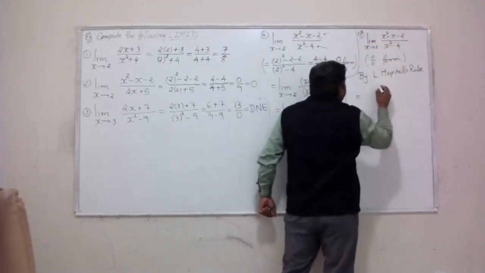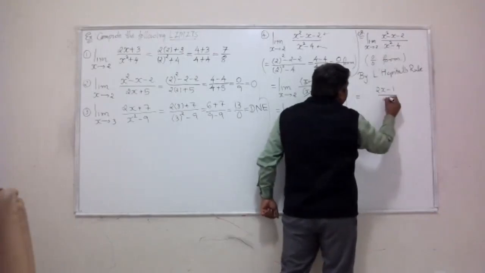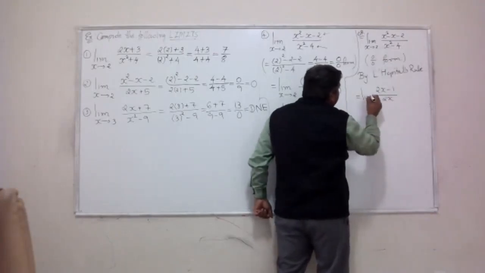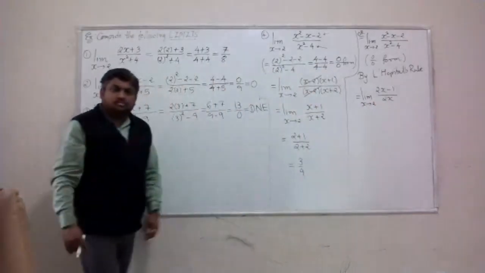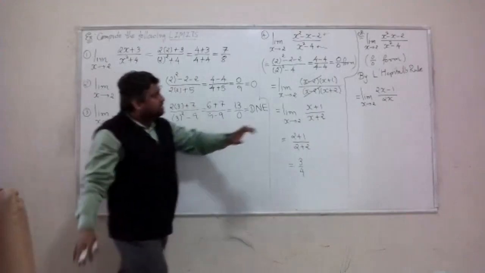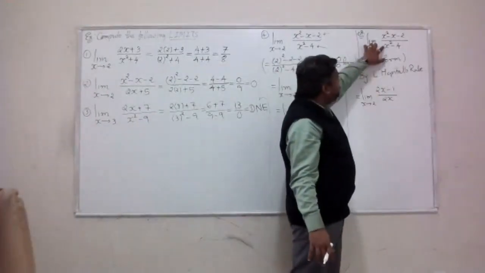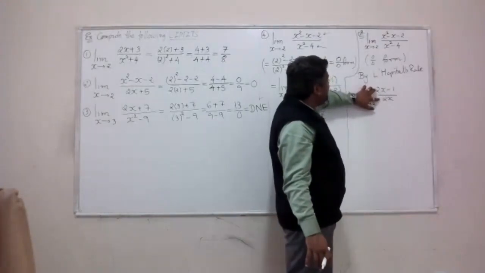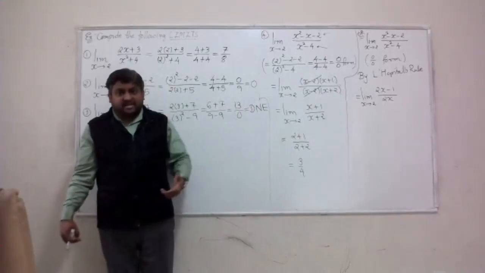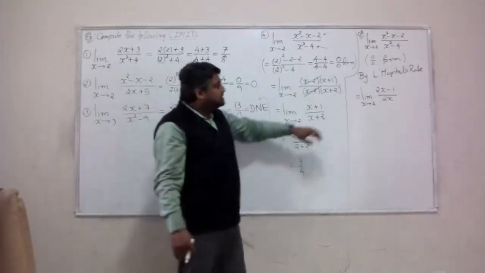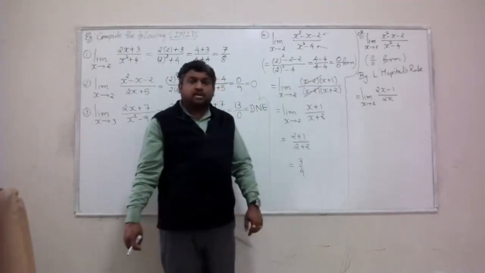You need to take the derivative of the top expression, take the derivative of the bottom expression, and apply the same limit on the ratio of these two derivatives. Once again, pretty simple deal. All you have to do is differentiate the top polynomial, differentiate the bottom polynomial, take the ratio, apply the same limit. What we are saying is that this process will eliminate bad factor from the top and the bottom.